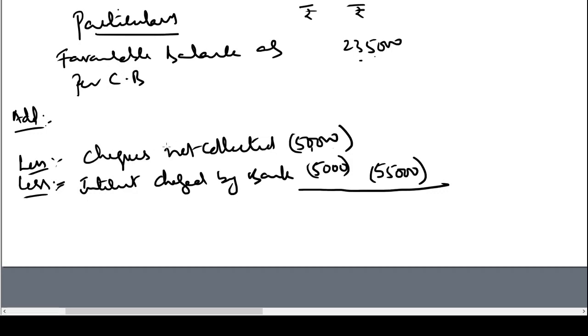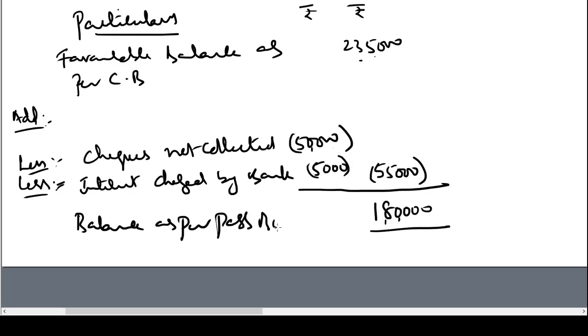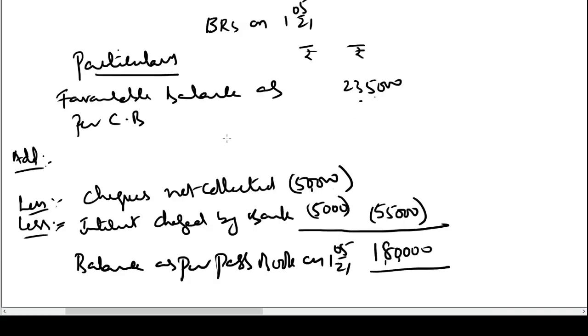When we received the check, we recorded the deposit, but the money has not come yet. So we have to reduce the amount here so that we are able to make it equal to the passbook. Now we get the amount 1,80,000. We'll say balance as per passbook on 1st May 21. So this is how a bank reconciliation statement looks.